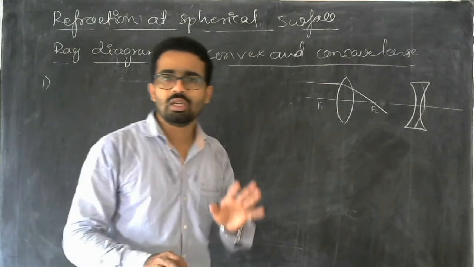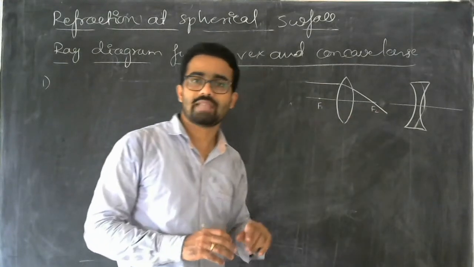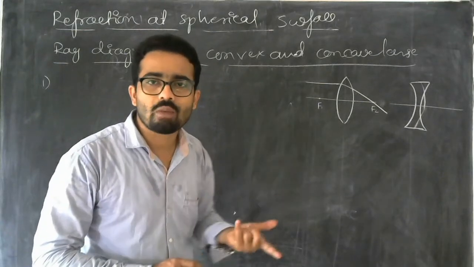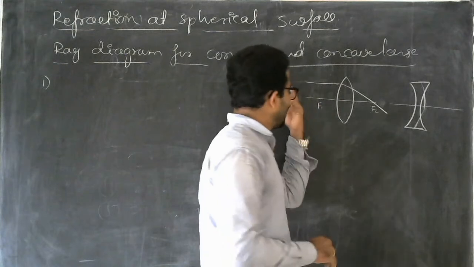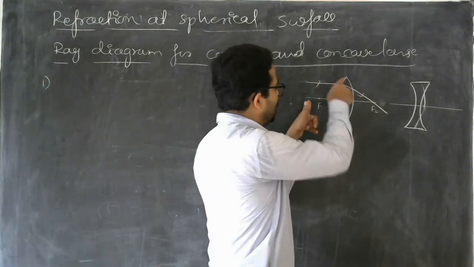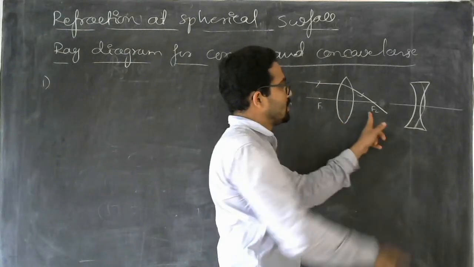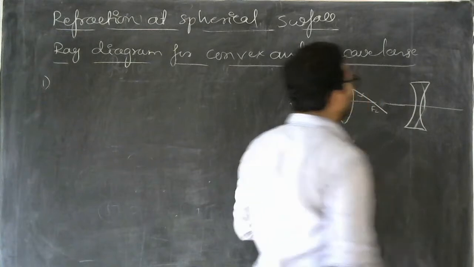Similarly, we have two centers of curvature. These are called foci, which is the plural form of focus. So when a ray of light is incident parallel to the principal axis, the refracted ray will pass through the second focal point. And what about this one?